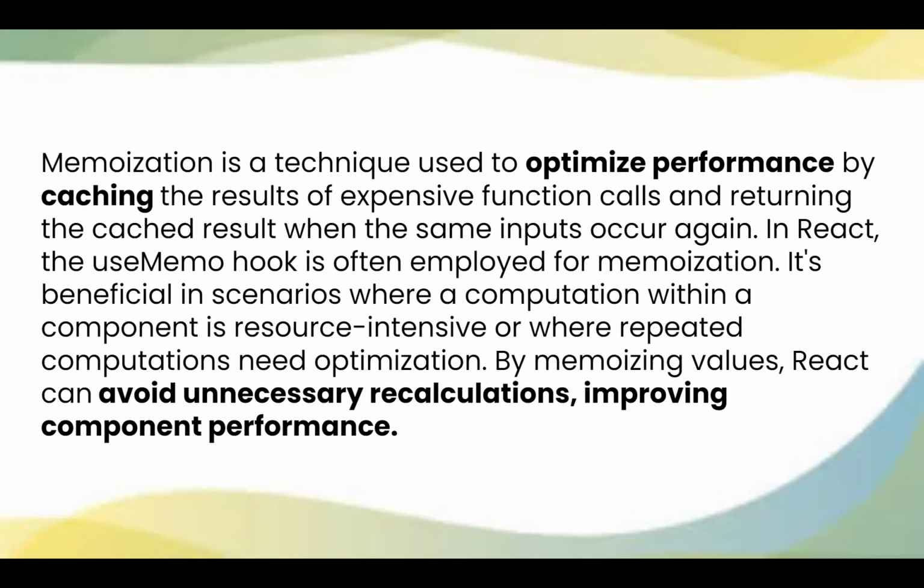So when you try to do the same thing, memoization will kick in and it won't update. useMemo is a hook often employed for memoization because it is resource intensive, where repeated things are done again and again. So it is highly beneficial in those scenarios. It does not allow unnecessary or infinite recalculations and thus improves performance a lot.